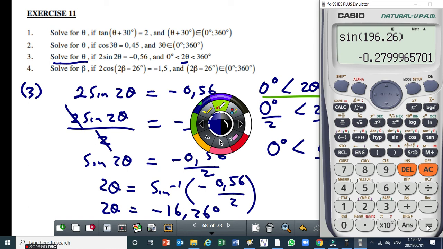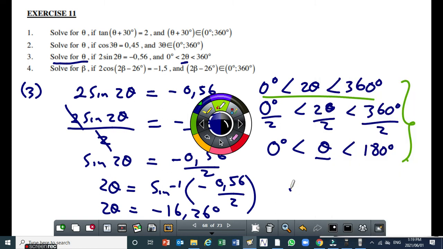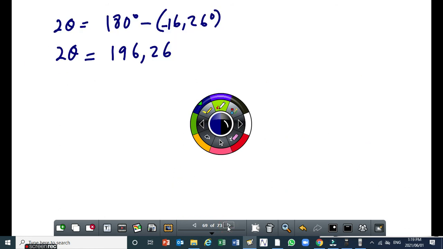Minus 0.56 over 2, minus 7 over 25, which is minus 0.28, which is the same as this one. So what that means is that 196 is correct. I just wanted to verify. So I can now carry on to calculate theta.